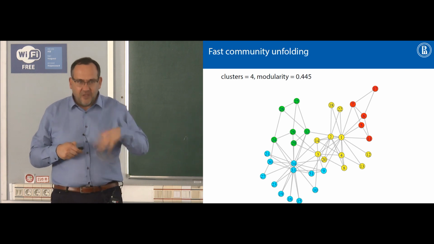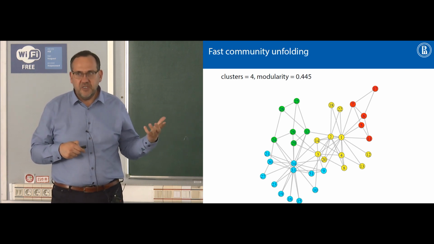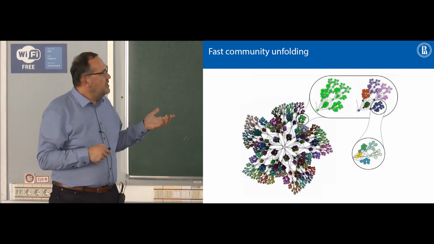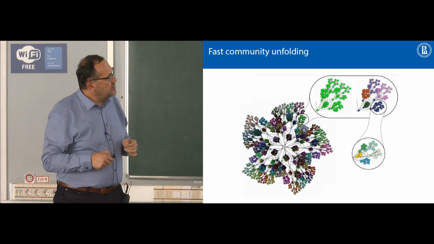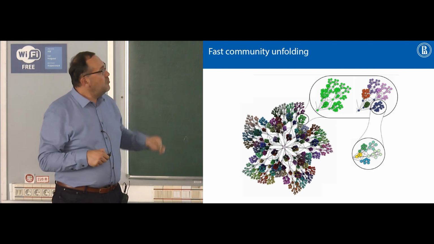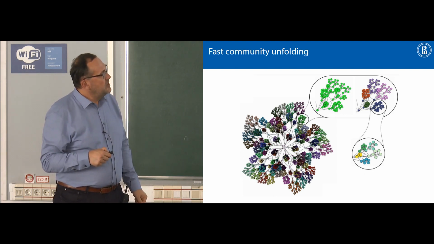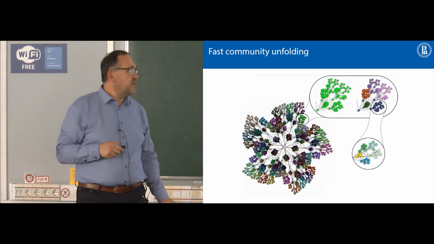So if you take it out of the box and you want to detect communities, I would recommend using that. This is also the result of the Louvain method on a very large artificial graph, but quite complicated. It shows you, going hierarchically, how it detects various levels of communities. So it's very, very powerful.